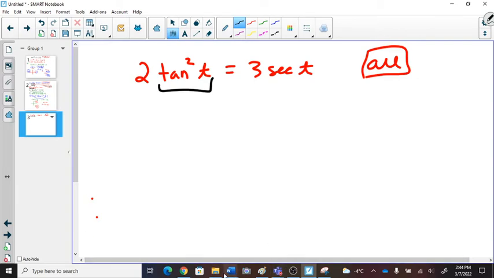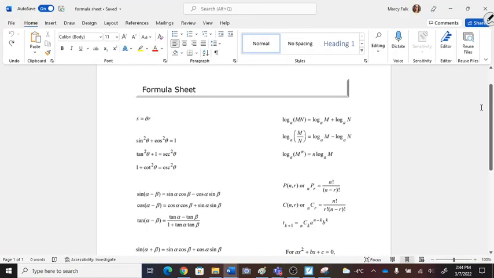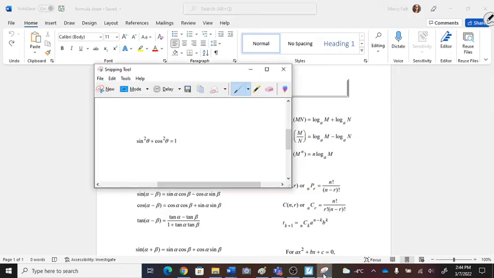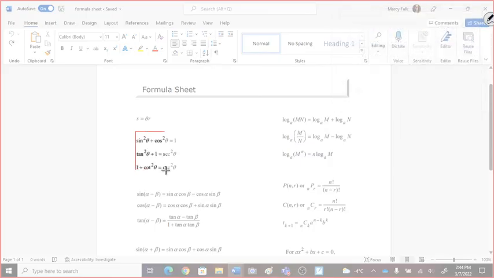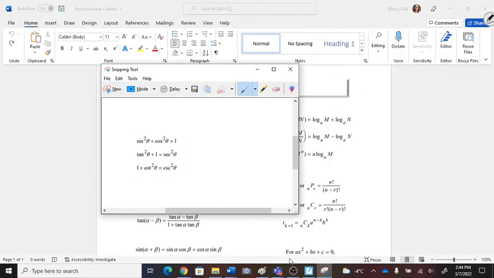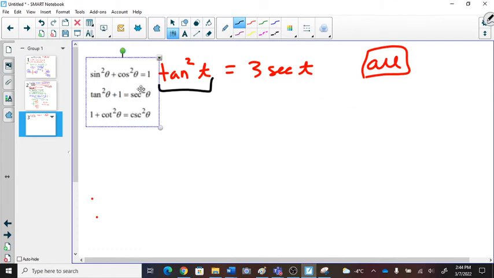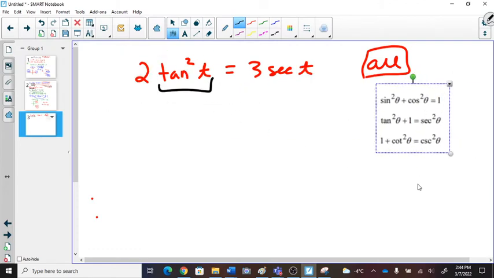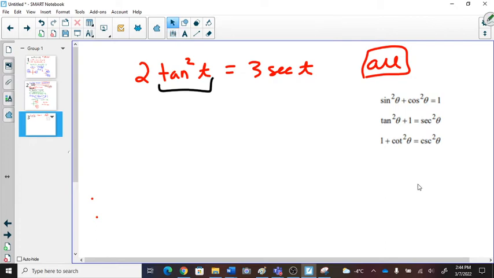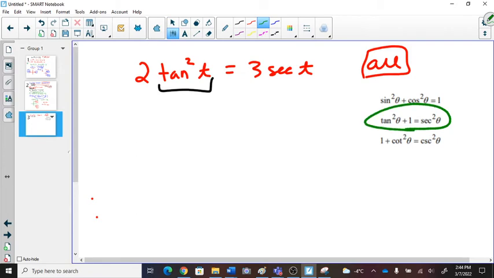So you guys are all looking here. On your formula sheet, tan squared, that's the line I'm looking at on my formula sheet.